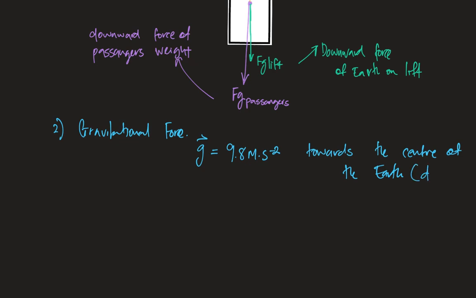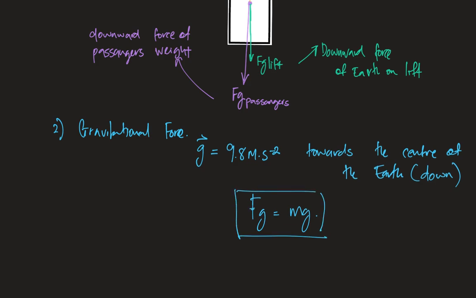So I know it's going downwards. So we know that the force due to gravity on the lift or the passengers is Fg equals mg. So this is the first little equation we have.